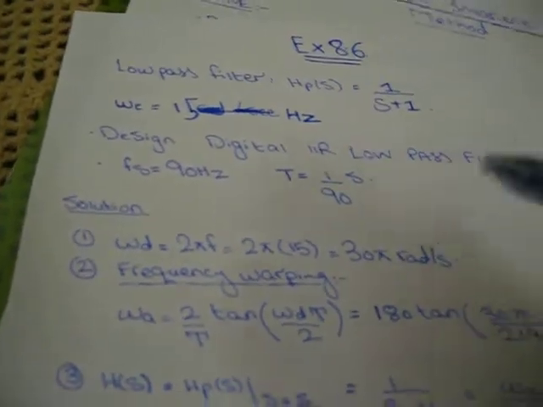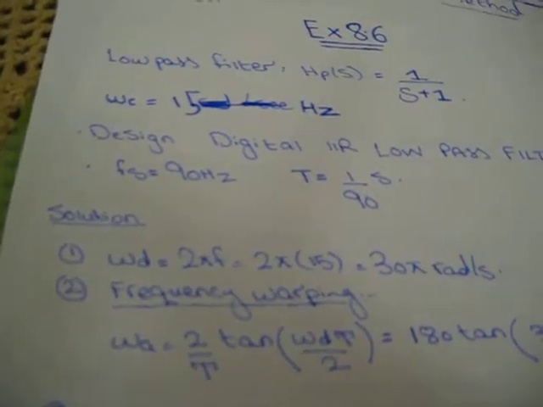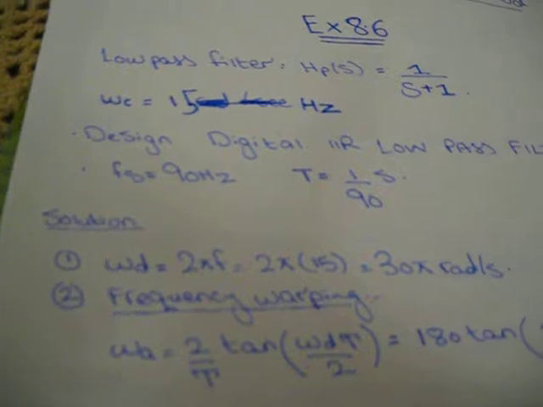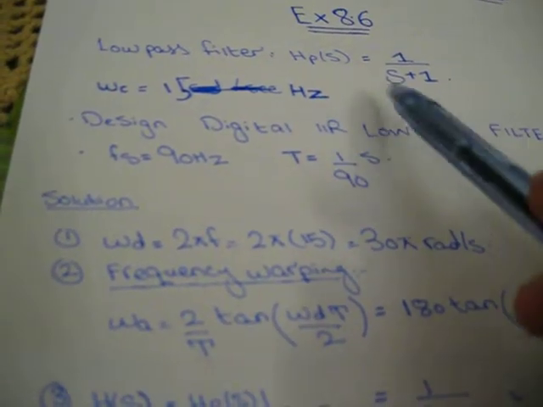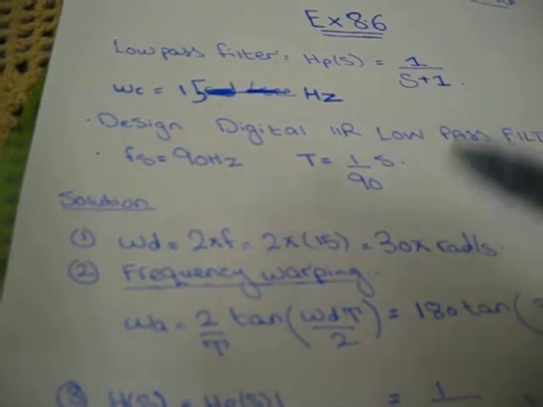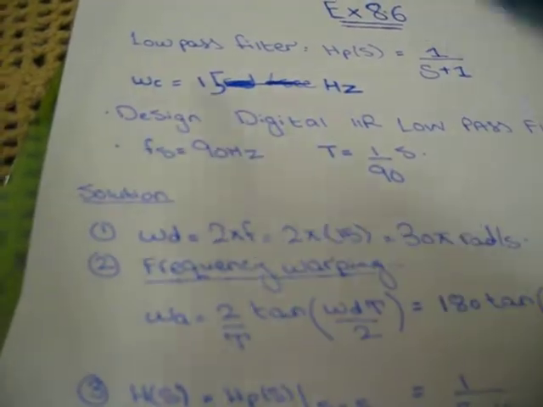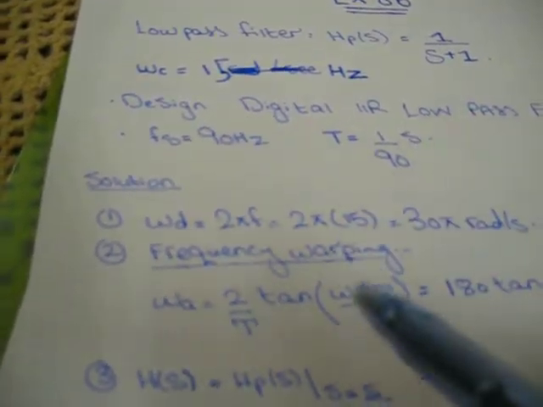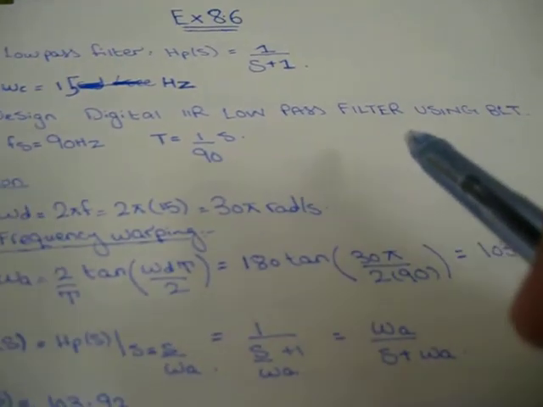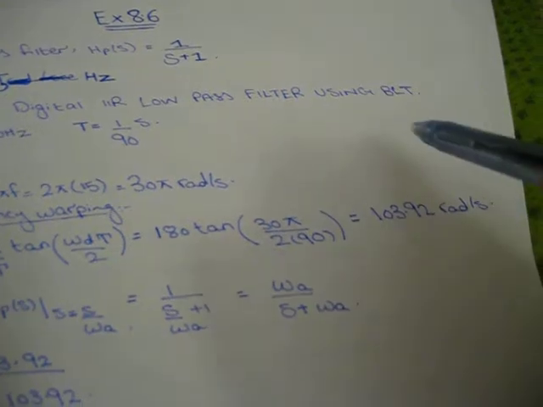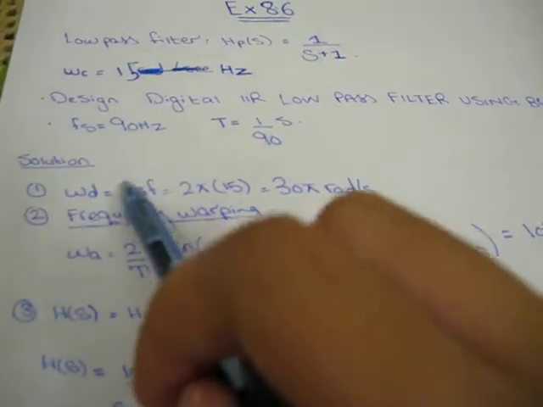Now solving example 8.6 of our textbook. We were given a low pass filter with the prototype 1 over S plus 1. The cutoff frequency was 15 Hz. We had to design a digital infinite impulse response low pass filter using bilinear transformation.